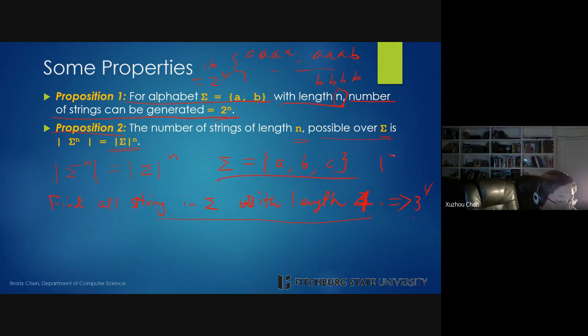3 is the size of sigma, right? 4 is the length of the strings. So 3 to the 4th, what is that? 81.